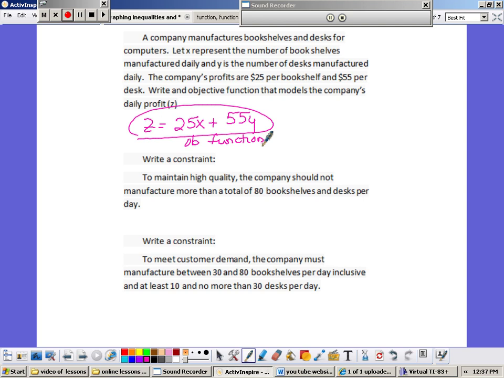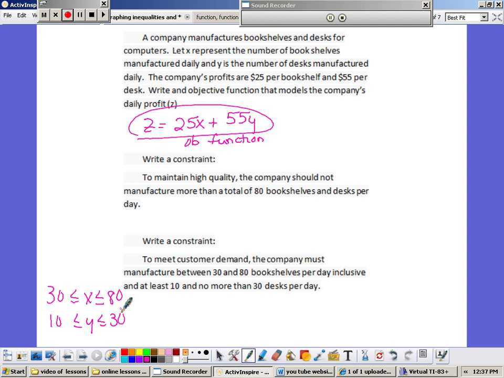Write a constraint. To meet customer demand, the company must manufacture between 30 and 80 bookshelves, inclusive. Okay, so that means that they're equal to. And at least 10 and no more than 30 desks.